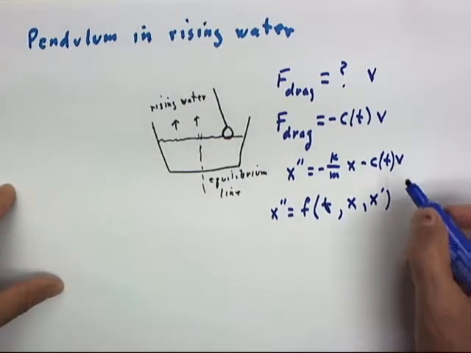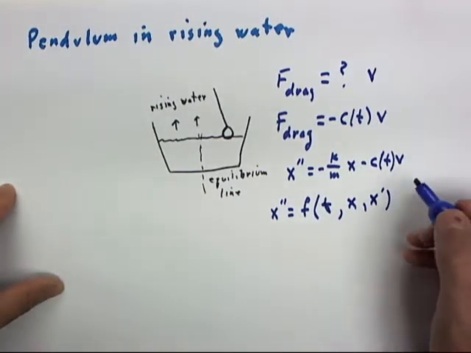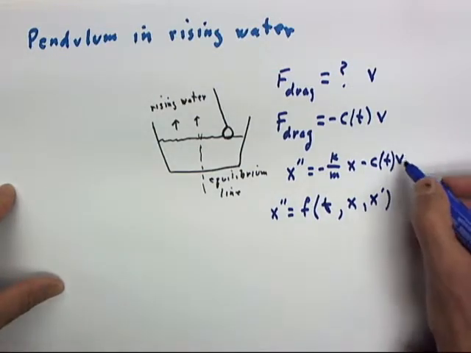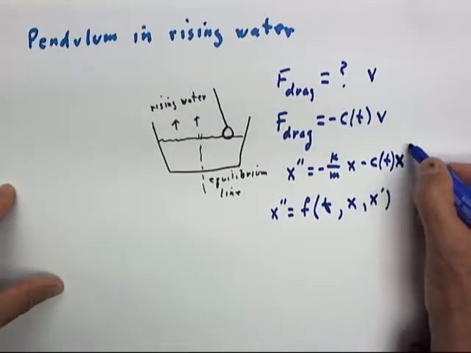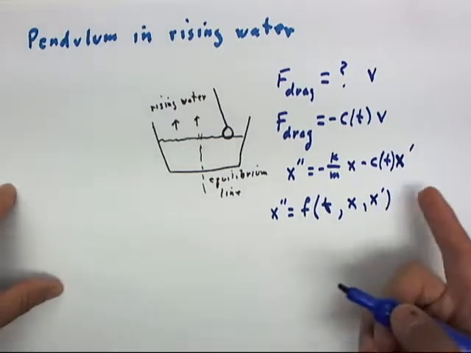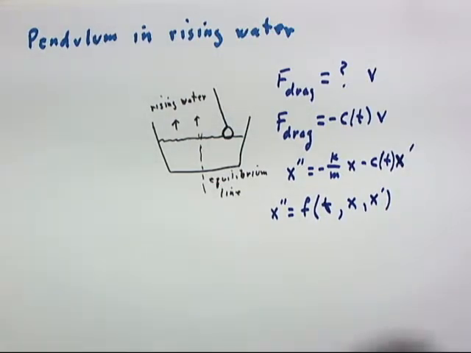Of course, the x prime is your V, and I suppose that I could change that to an x prime just to be explicit about how that works.